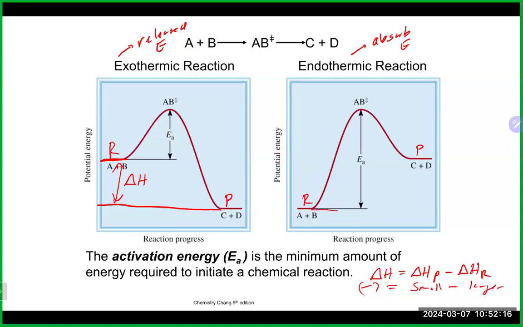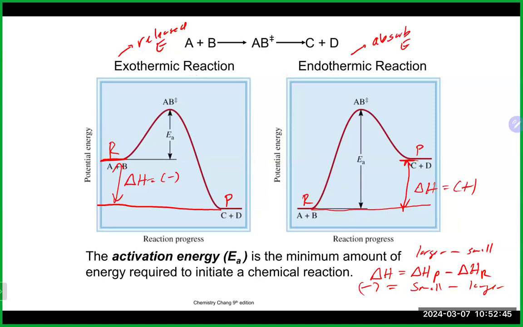If we took our energy of our reactants and our products, the difference is also the delta H for this reaction. And in this case, our products are higher in energy than our reactants, which means this one is going to be larger, this one is going to be smaller. And when you subtract those two, you will get a positive value for your delta H. And that's why, again, one is exothermic and the other endothermic.